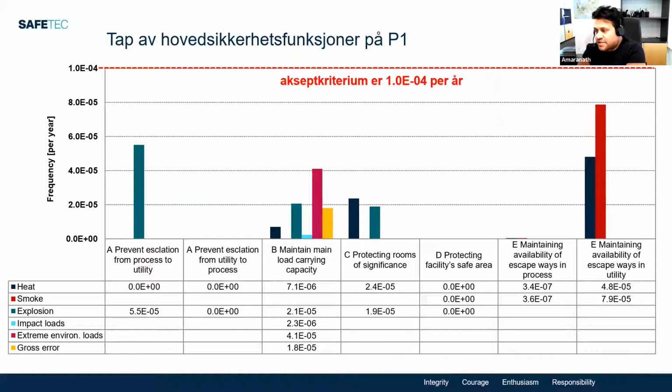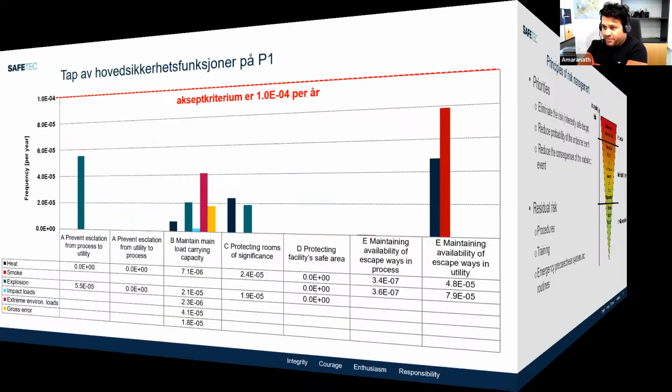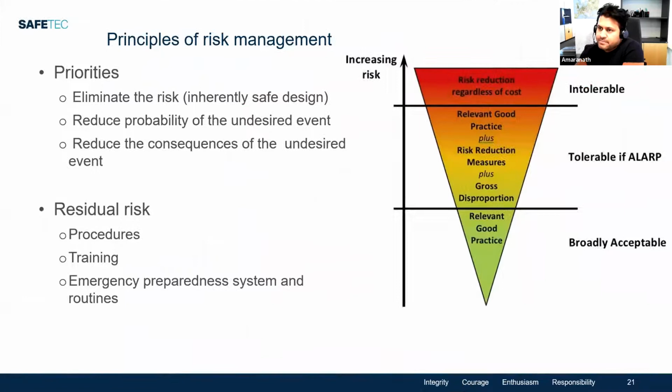So the frequency calculations are mainly based on historical data. So we will analyze the historical data for leaks, for example, subsea leaks and topside leaks, and then we use the consequence calculations to establish the risk picture. So the risk acceptance criteria are stipulated by the government, and also we have risk acceptance criteria which are applicable for different companies.